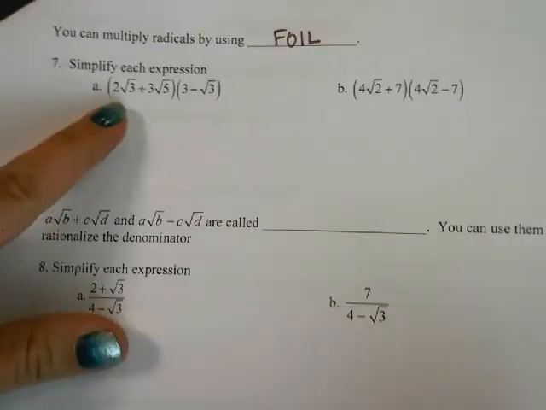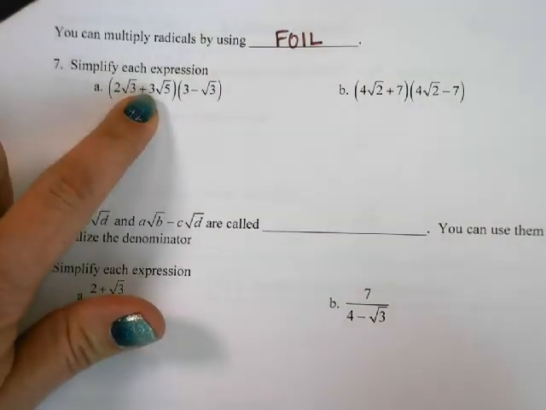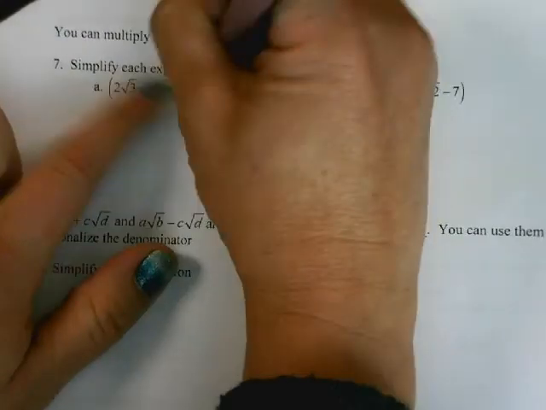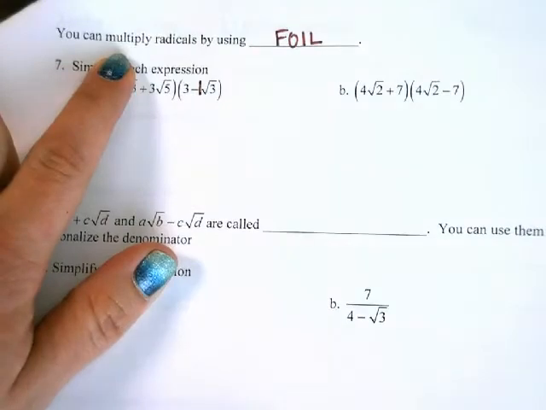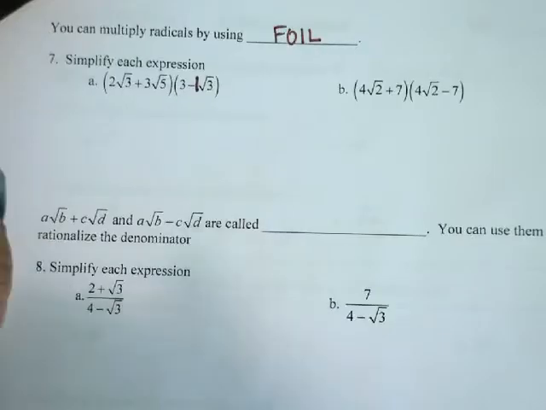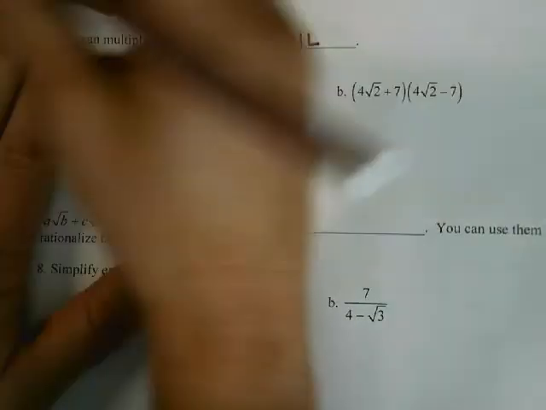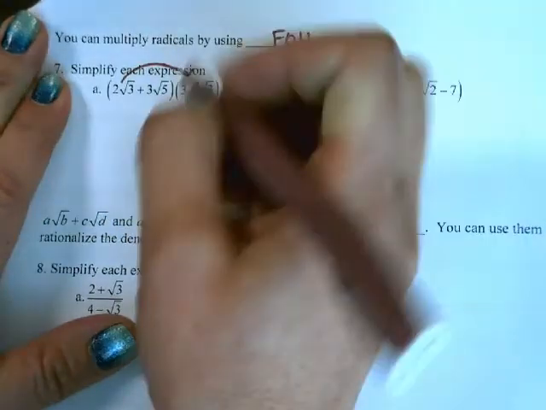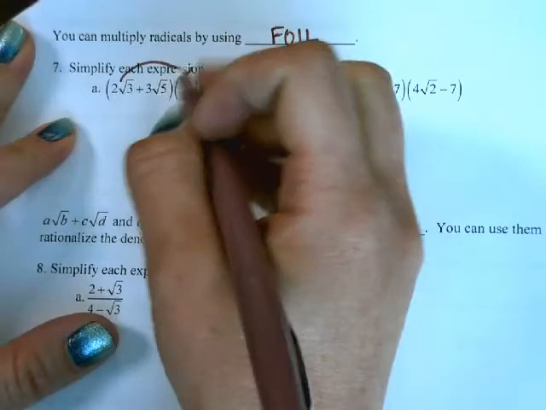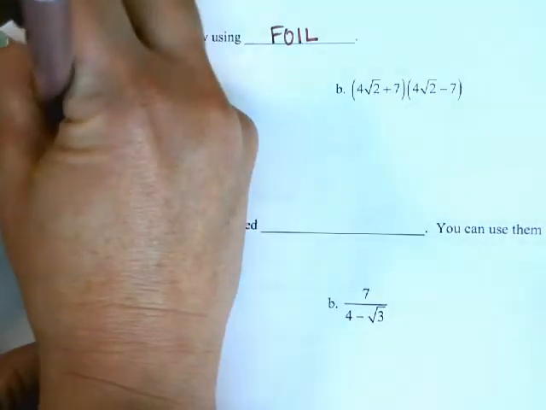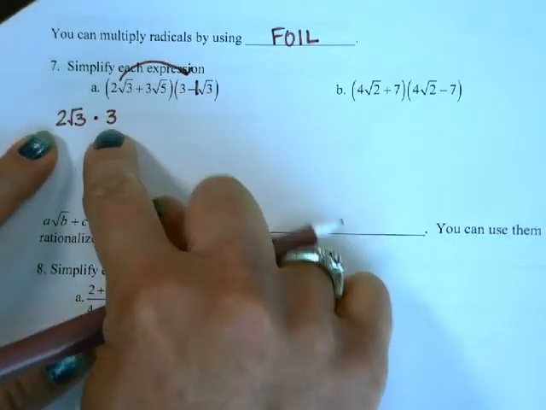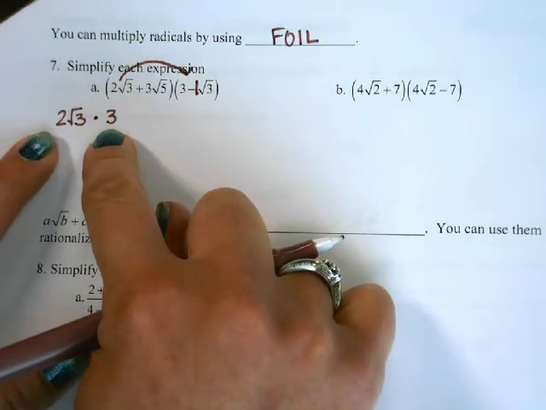So, I have 2 root 3 plus 3 root 5 times 3 minus, I'm going to put a 1 out front just so we can keep them straight, root 3. Alright, so first, outsides, insides, last, right? So, 2 root 3 times 3. That means the 2 times the 3 outside can be multiplied together.